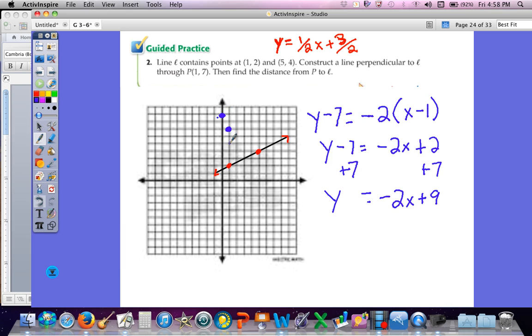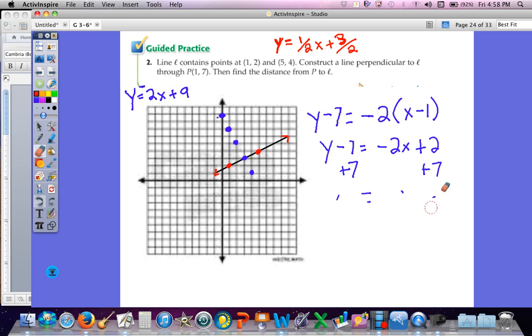I'll go down 2 and over 1, down 2 and over 1, down 2 and over 1. Let me write this equation over here, just in case I need it for later.